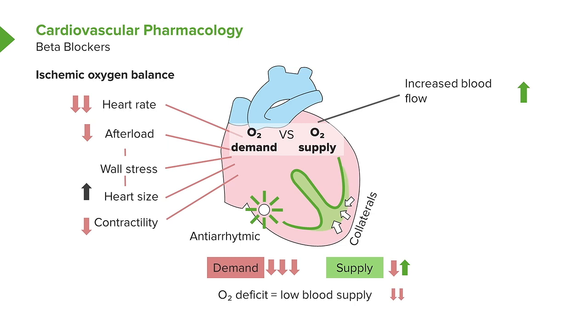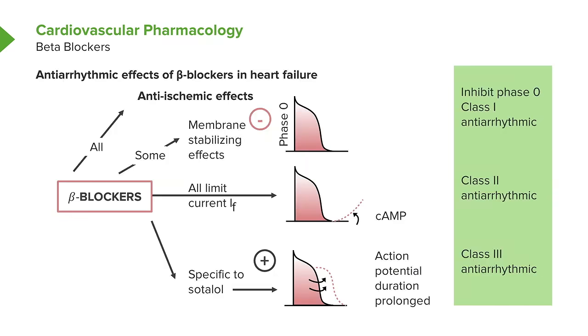But that's a minor player in comparison to the decreases in the demand that you get from lowering heart rate and lowering blood pressure. So again, you might want to peruse this slide in a little more detail at your leisure. And of course, you can also read further about this in all the standard textbooks of cardiology and some of the references which we give at the end of this lecture.